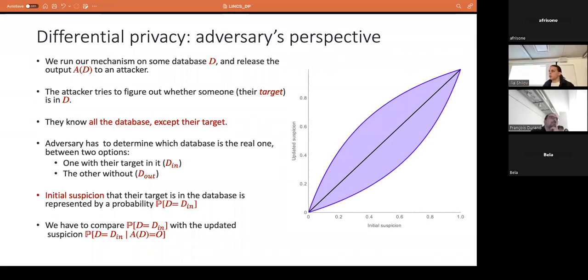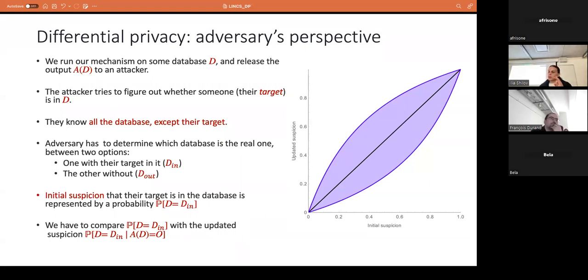Imagine that we output this to the attacker, and the adversary makes a query to our database. We output A of our database, so we apply a differential privacy mechanism. And usually in the examples of differential privacy, we consider that they want to figure out whether their target, their figure of interest, is in this database.